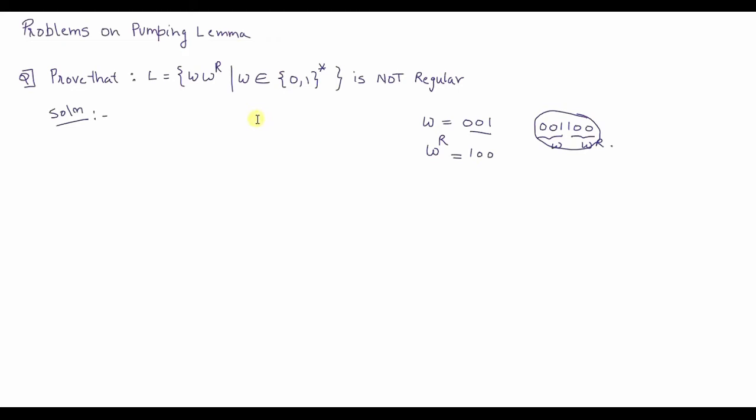Now it is asked to prove that this language is not regular. As we have already seen the procedure, the first step is, let us assume the value of n, the pumping length. So let n equal to 8, arbitrarily I am taking it as 8.